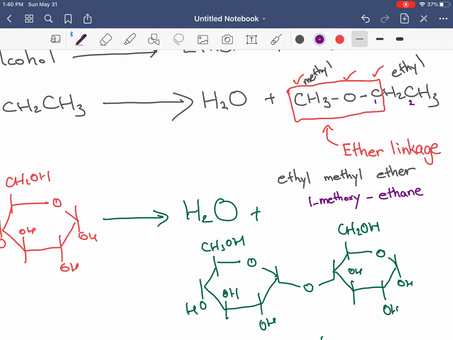Now, you don't really need to put the 1 because it's ethane. Methoxy can only be in the number 1 position. So some people just call it methoxyethane. See? Something that you will need to know, we're going to do a few examples with ether, so therefore you're good at naming ethers.